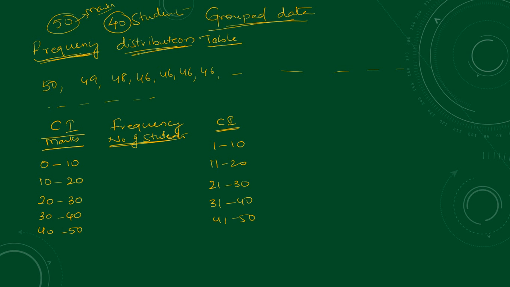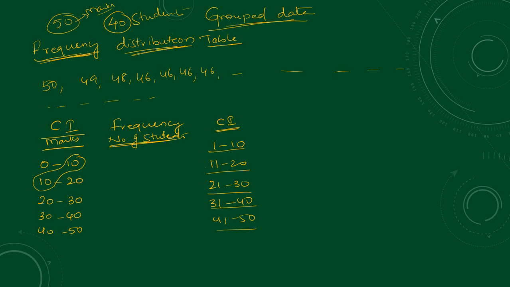Here, 0 to 10, 10 to 20, 20 to 30, 30 to 40, 40 to 50 are called class intervals, and here also these are all called class intervals.